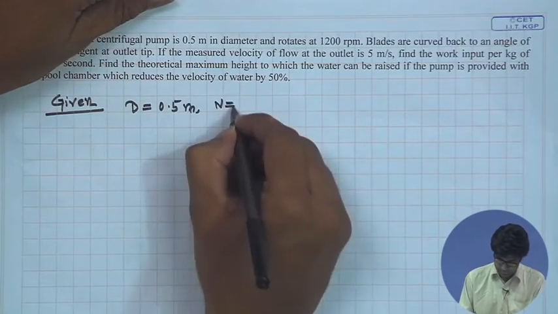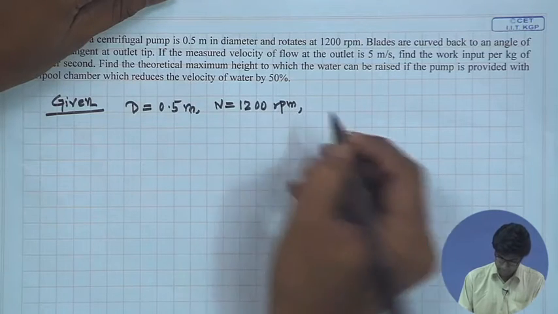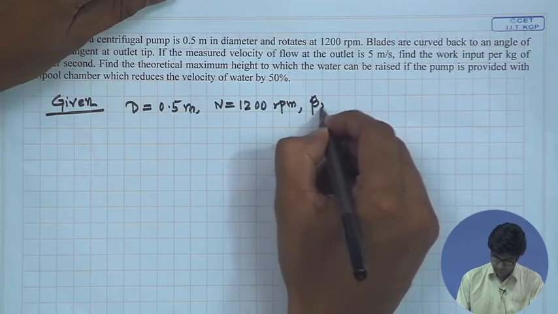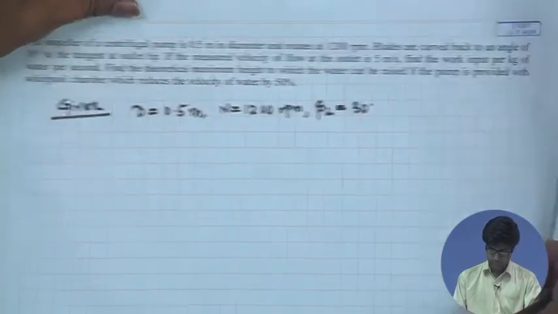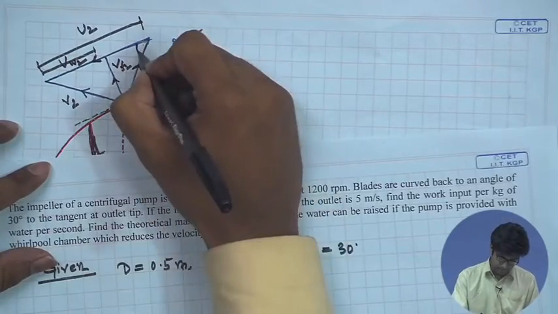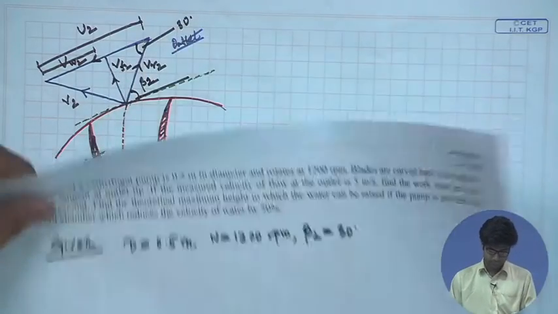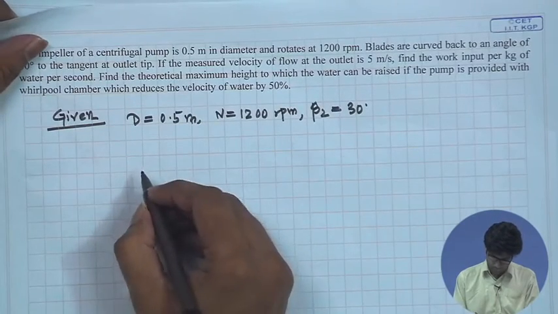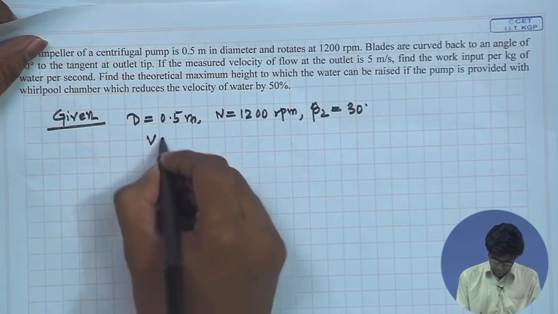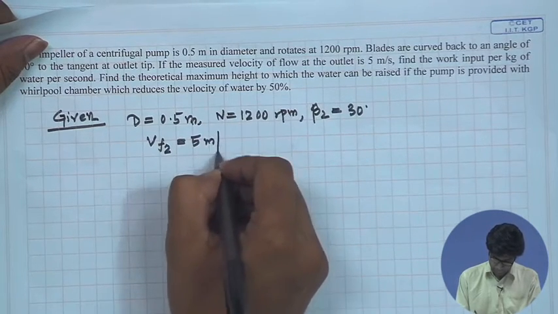The rotational speed is given as 1200 rpm. The angle beta 2, as we discussed, is given as 30 degree. Next, we are given the velocity of flow at the outlet, that is Vf2, as 5 meter per second.